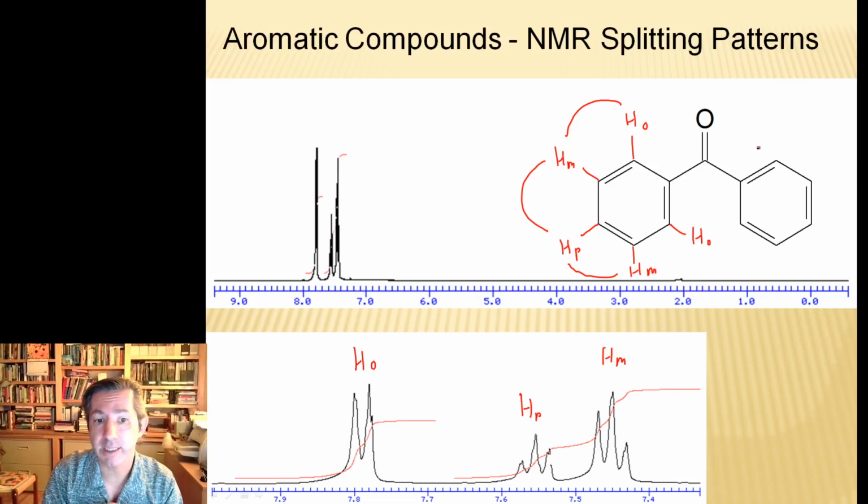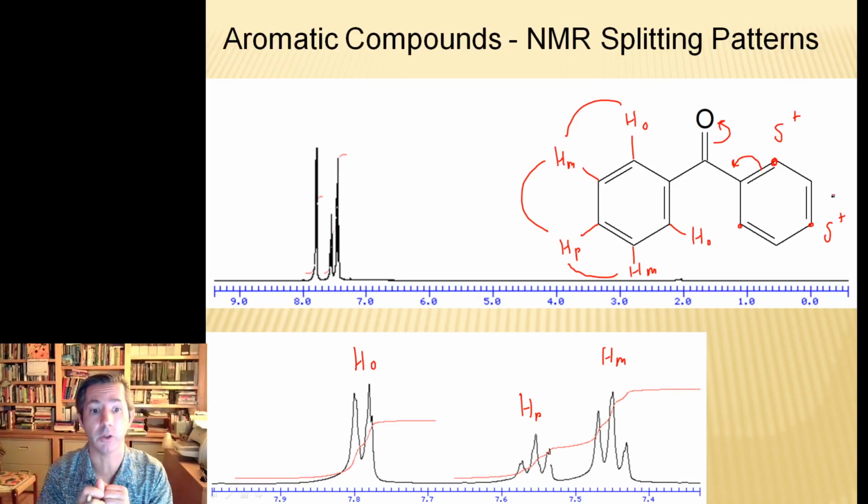And there's also another way to tell who is who, and that's to use our old friend resonance. You can actually put a full positive charge at the ortho or para positions in this compound. And a partial positive means you're de-shielding your signal.